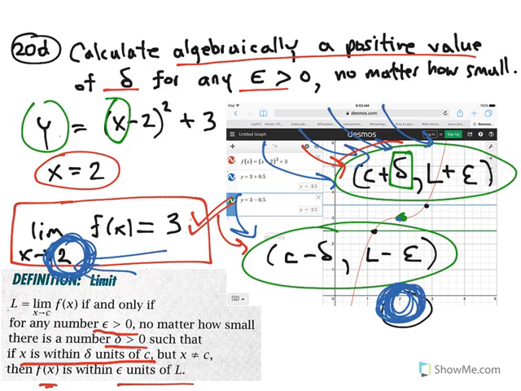So I will just go ahead and use this particular point for our current example. Basically, I want to substitute for x and y, and then solve for delta in terms of epsilon, so that I will be able to show that no matter what epsilon is, I will be able to find a value for delta.